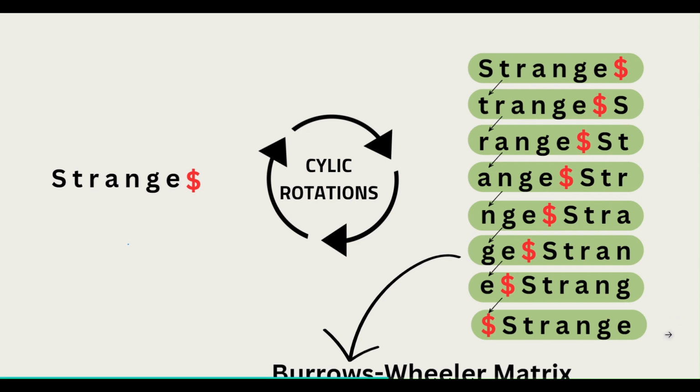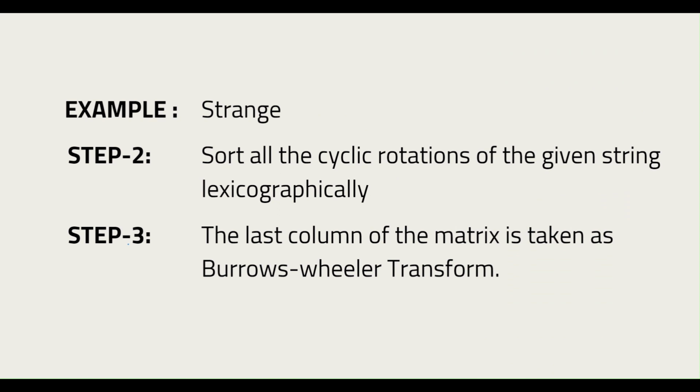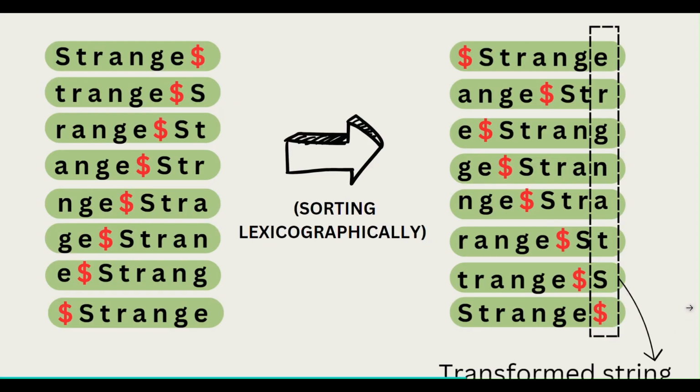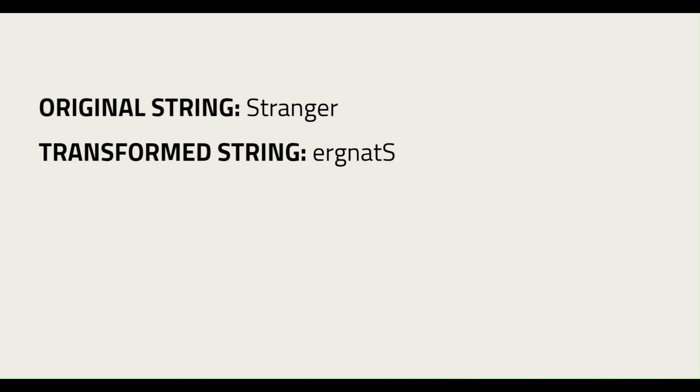This is the first step. Now let's do the second and third steps, that is, sorting the cyclic rotations and then getting the last character of each cyclic rotation. So as we see, after sorting them lexicographically, we get the transformed string. For the given example, the original string is this and the transformed string is this.